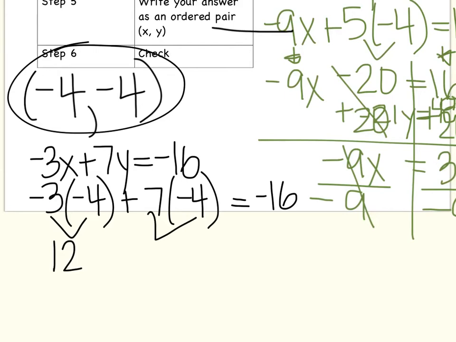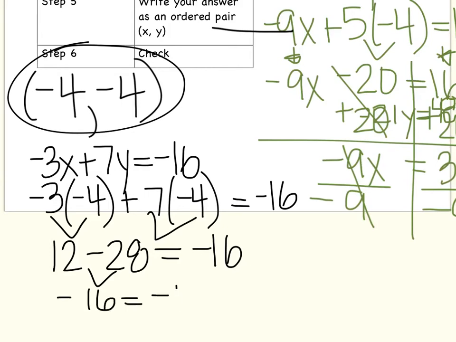Positive 7 times negative 4 gives me negative 28, or minus 28, and it should equal negative 16. Now I just have to do the math. 12 minus 28, using the calculator, we get negative 16, and it does in fact equal negative 16. So negative 4, negative 4 works for this equation.